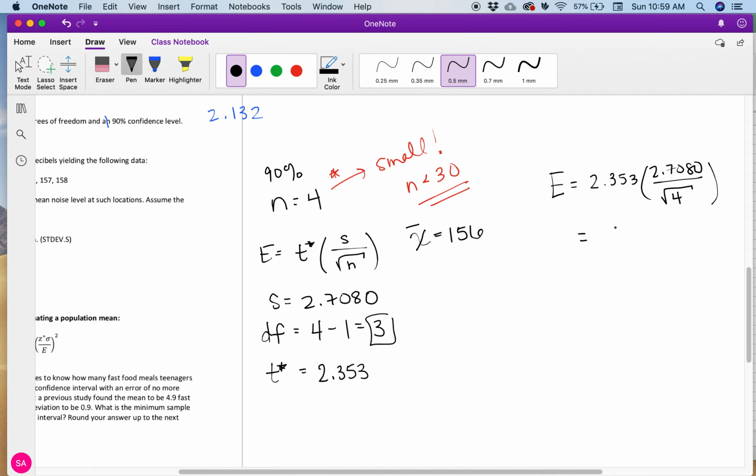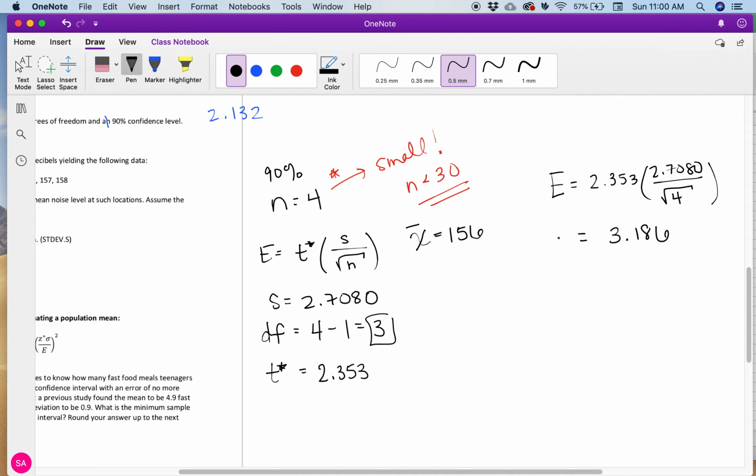And I went ahead and calculated this. So you pop this into your calculator or into Desmos, and you should get 3.186. All right, so we found our error.